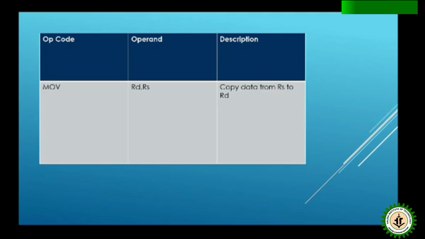Here the opcode is MOV, the operand is RD, RS, and the description is copy data from RS to RD, source to destination.